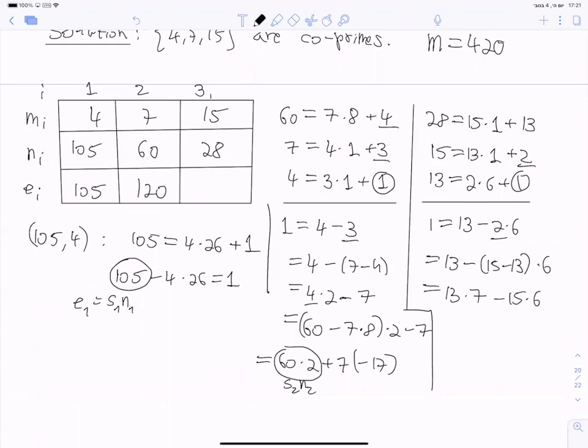Let me check. It is correct. Please stop me if something is not clear. Okay.